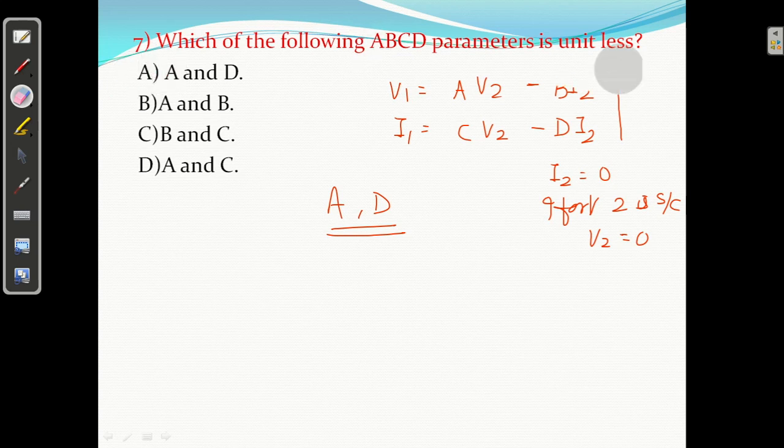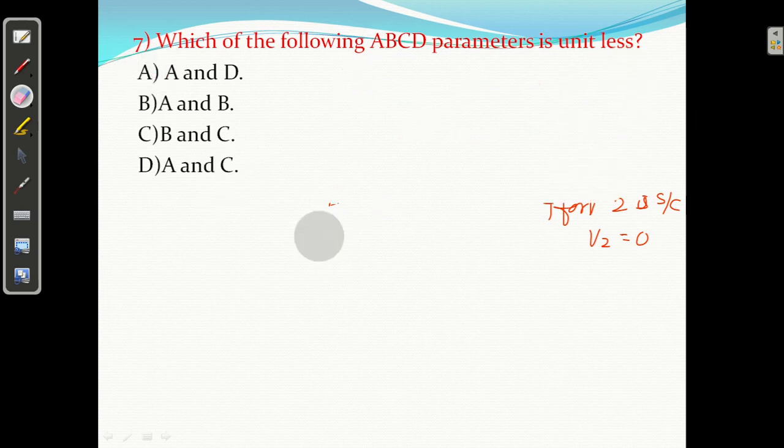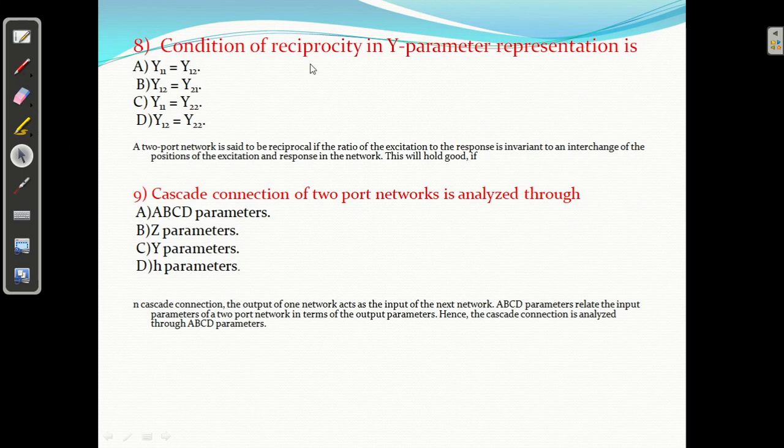Next, question number 8: conditions for reciprocity in Y parameter.